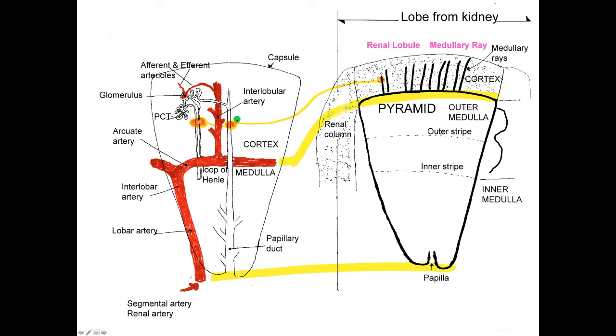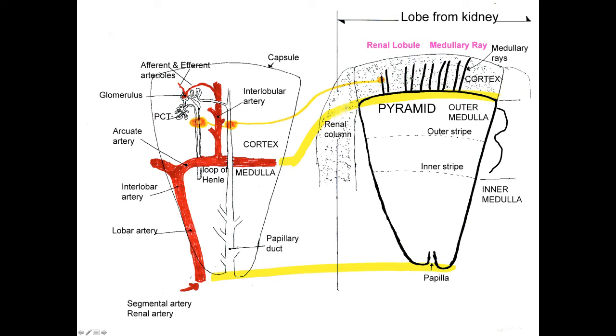And you can imagine a renal lobule, and I've drawn this here. I've had to separate them, but the medullary ray would contain the straight portion of the collecting duct and the straight portions of the proximal and distal tubule. If you were to combine those, these would be the medullary rays.